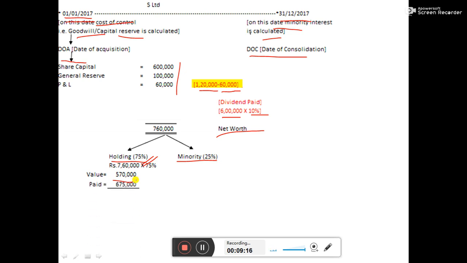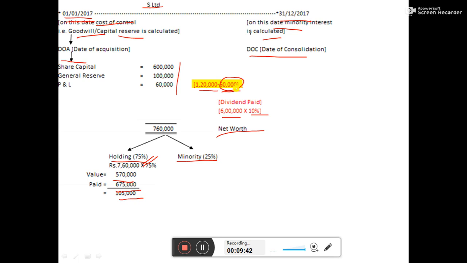But if we see in the balance sheet, the amount paid is 6,75,000. So they are paying extra. So 1,05,000 they are paying. There is one more adjustment here. Out of this 1,05,000, they are getting dividend also, which is offered by S Limited. 60,000 is being given as dividend.